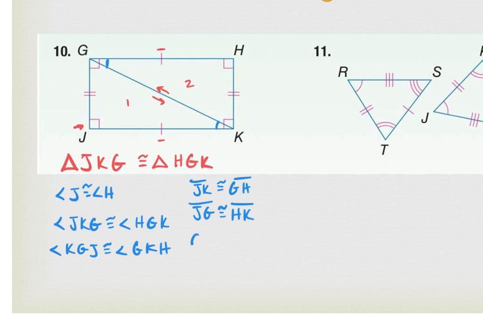And that third side is going to be GK is congruent to GK. And yes, you're saying that a side is congruent to itself. That is still important. You have to represent for the audience that the side is congruent to itself. And there you have it. There is the congruency statement and the 6 corresponding congruent pieces.